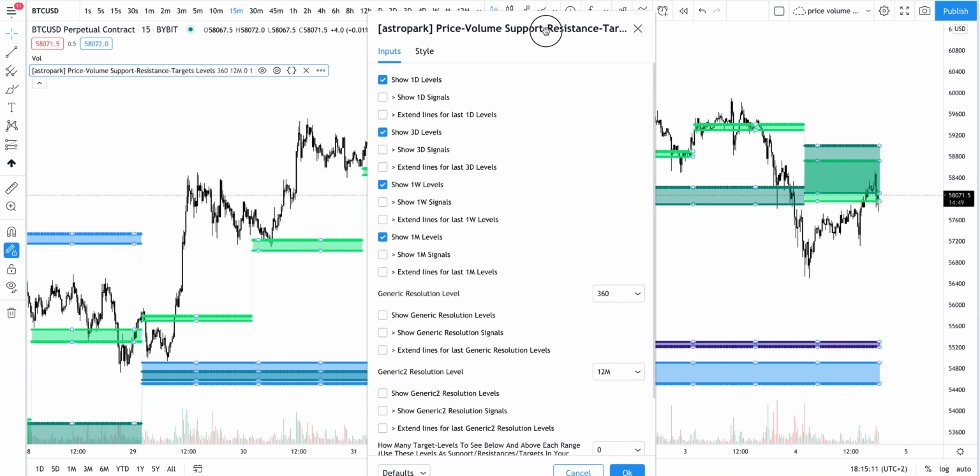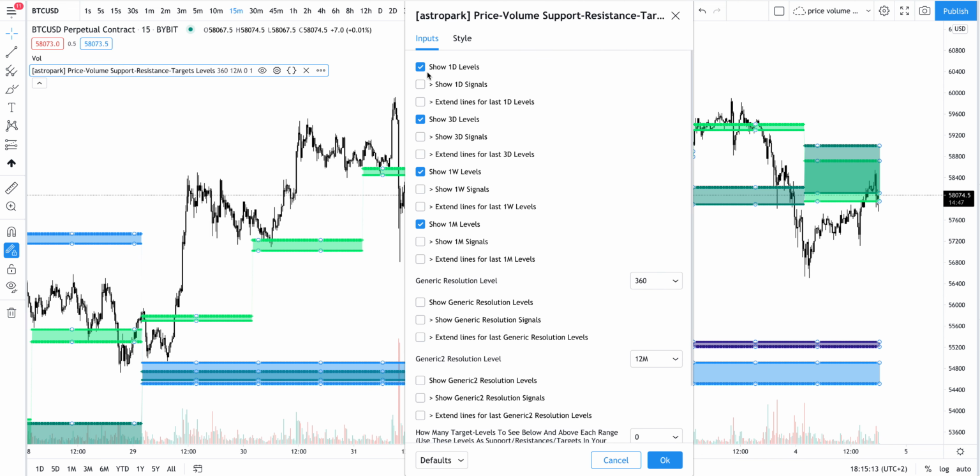This indicator gives you the possibility to activate four kinds of default levels: a level which is valid for a day, for 3 days, for 1 week, and 1 month. But depending on your time frame, for example, if you like to trade on 1 minute, you may need a 6 hour level.